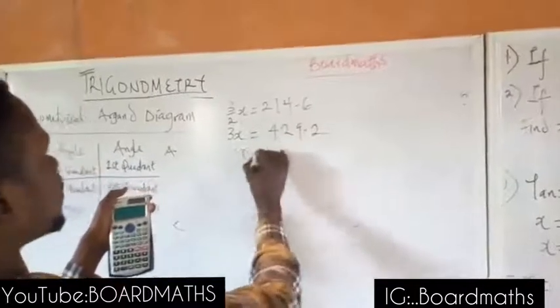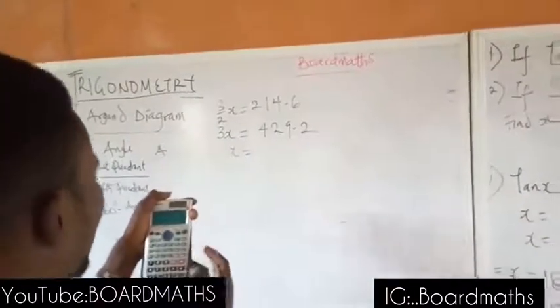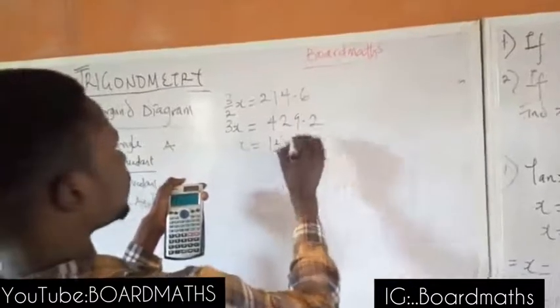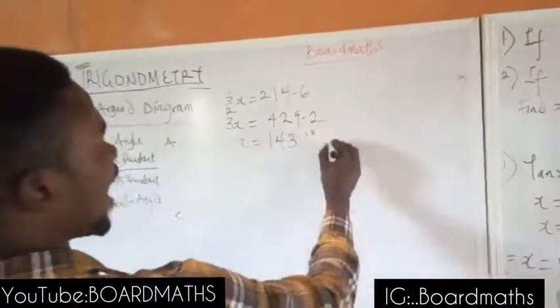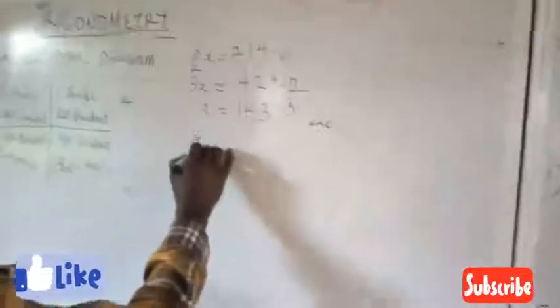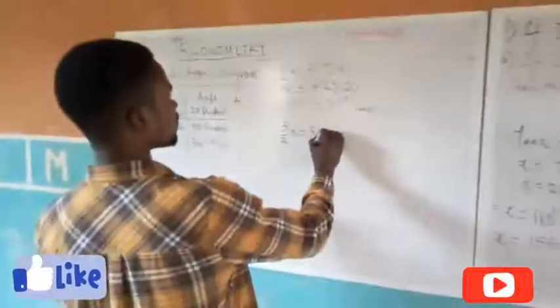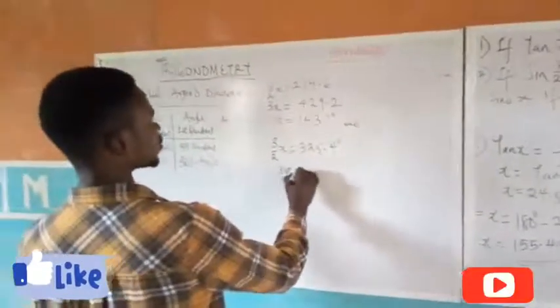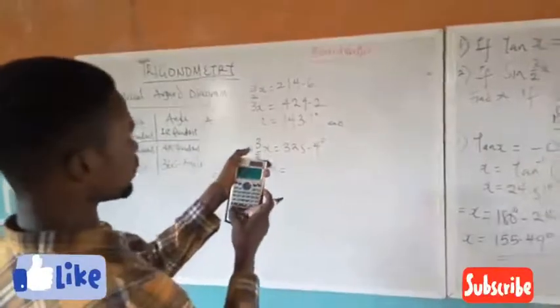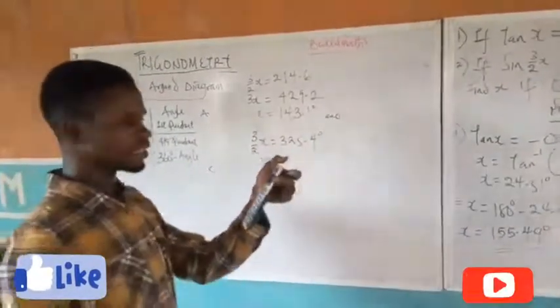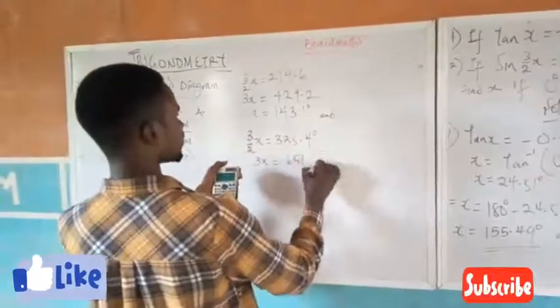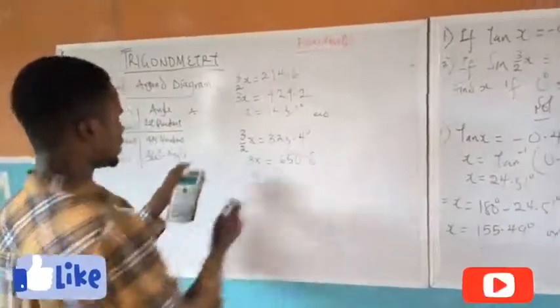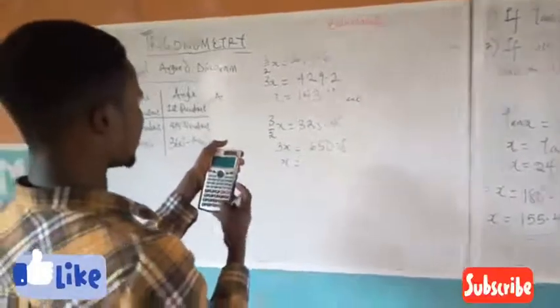So x is 429.2 divided by 3. x is 143.1 degrees. And then we have 3 over 2 x is 325.4 degrees. So we have 3x is equal to 325.4 times 2 as 650.8 degrees.